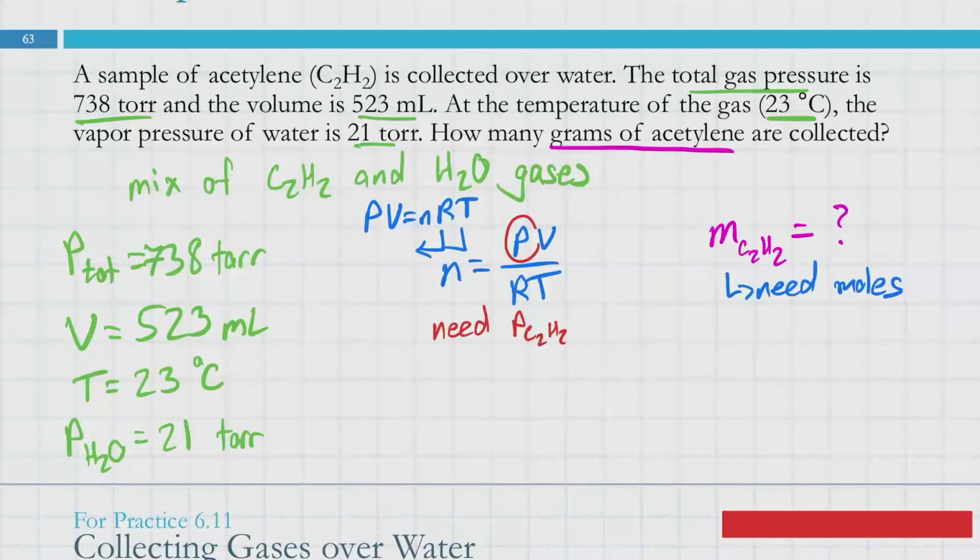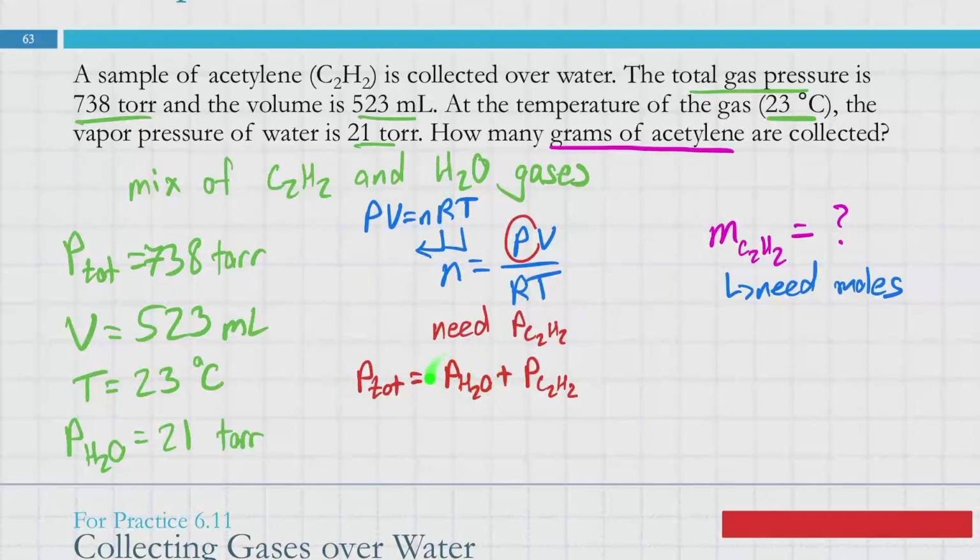To get that, since we know that we've got a mixture of just acetylene and water, and we've got the total pressure and the partial pressure of one of the gases, we can use Dalton's law of partial pressures to find our partial pressure of the acetylene.